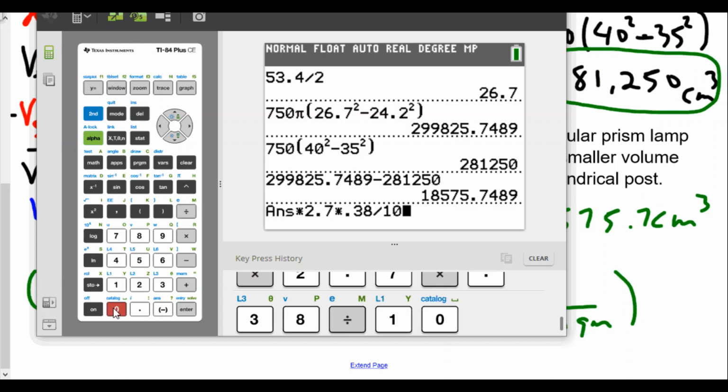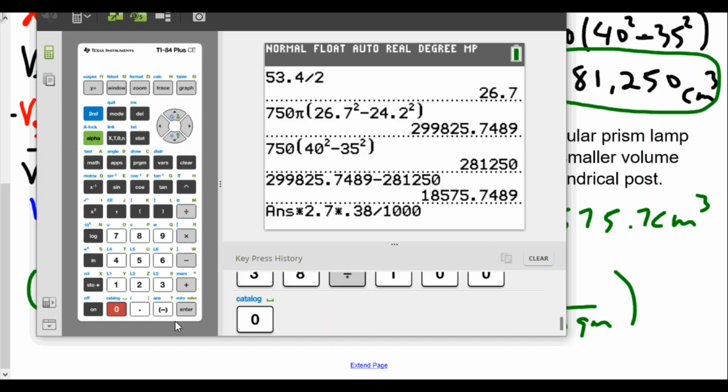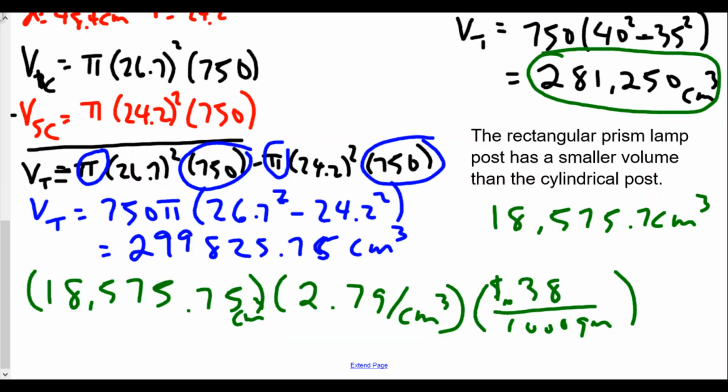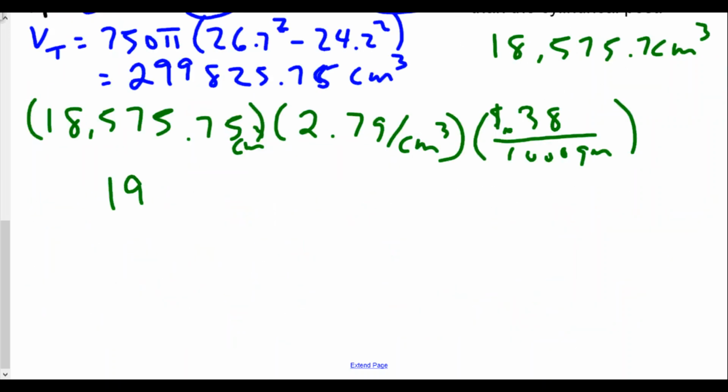And we get, in this case, $19.06 saved per post.